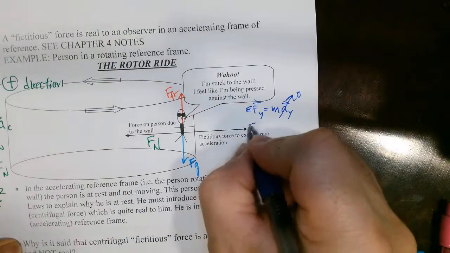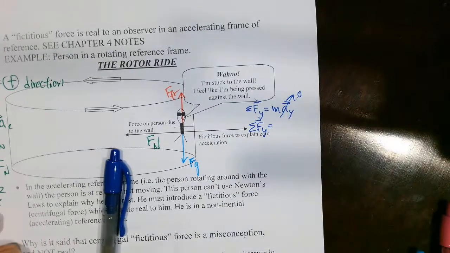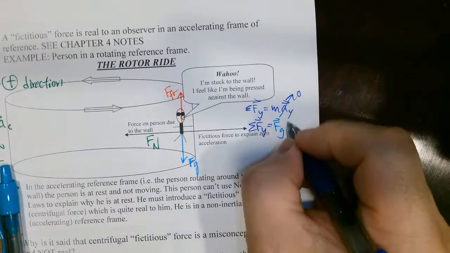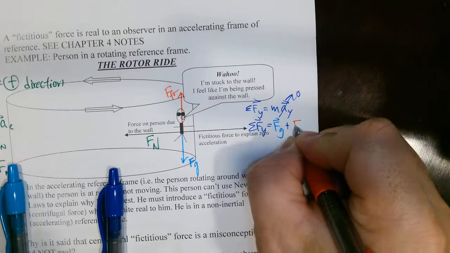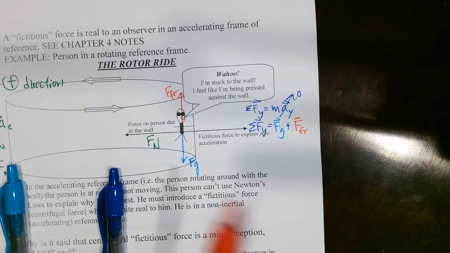Well, how many forces are there in the y direction? Well, there's Fg, and there's friction. We're going to call one of them positive and the other one negative. Let's call Fg positive.